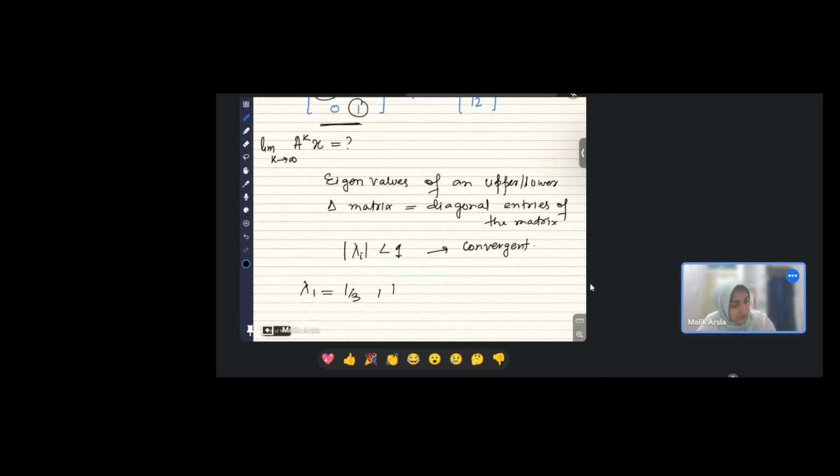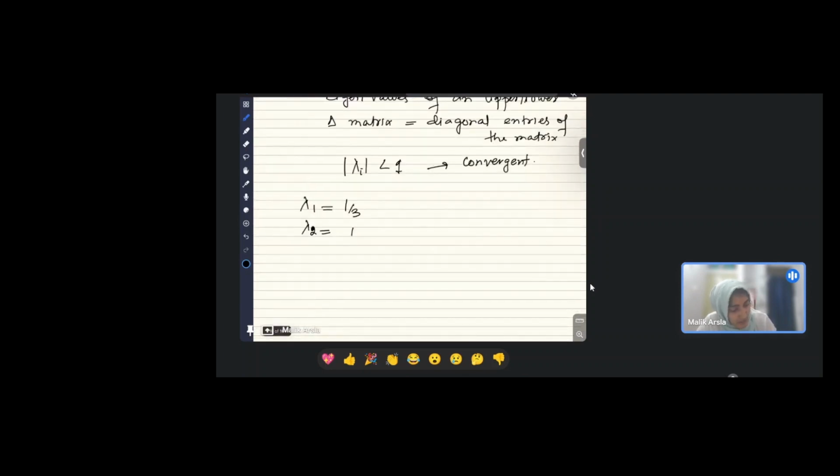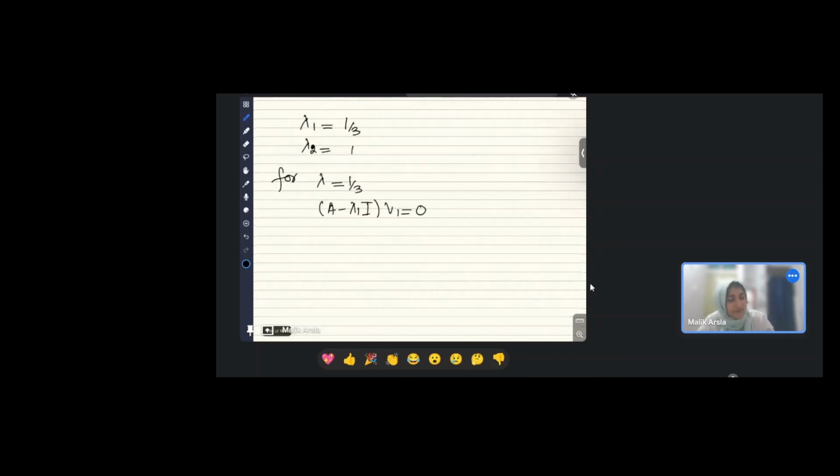Let me write it as lambda 1 equal to 1/3 and lambda 2 is equal to 1. Now for lambda equal to 1/3, we will find (A minus lambda 1 I) V1 equal to 0. We'll find the eigenvectors first, only then can we form the modal matrix P.